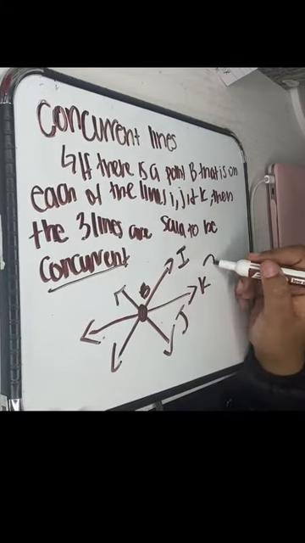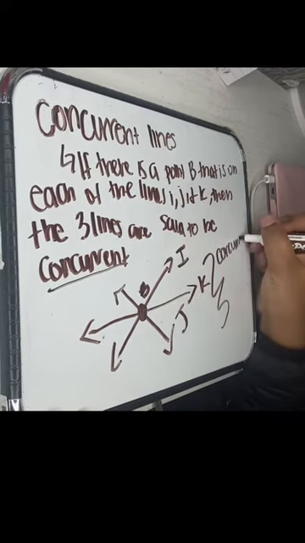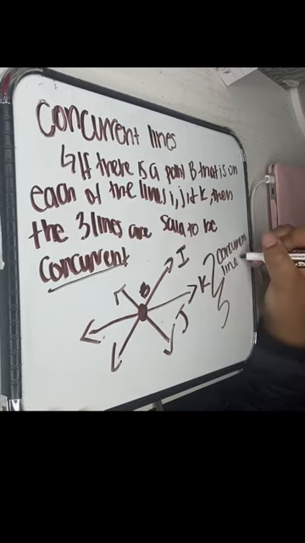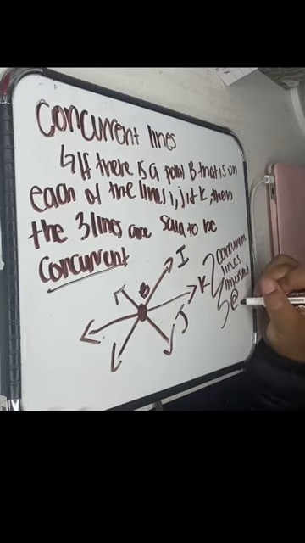So with that being said, concurrent lines intersect at point B.